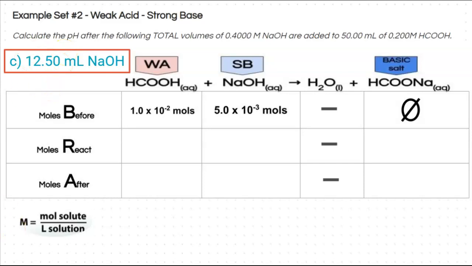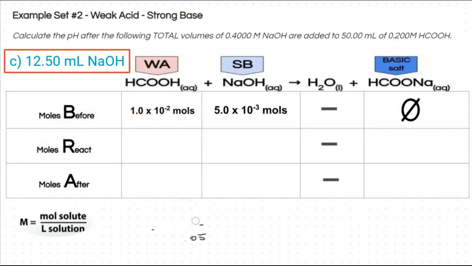Okay, so I have calculated the moles using my molarity equation. For the acid, I had my molarity of 0.2 equal to X number of moles over the volume of solution, 0.05, and that is how I calculated 1 times 10 to the negative 2 moles of acid, just like on the last one.